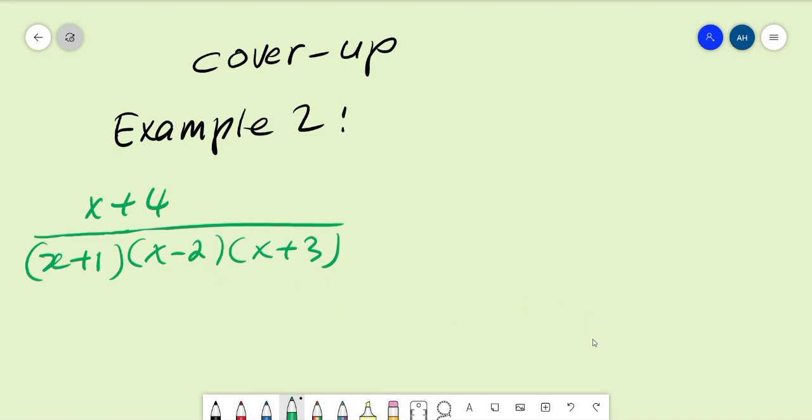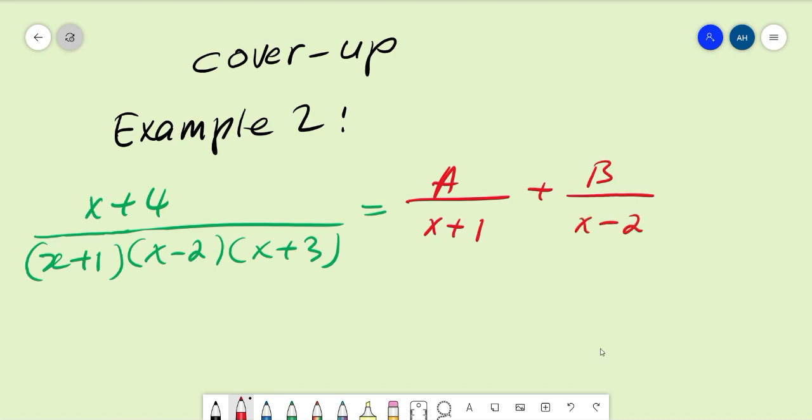So the right hand side we write is equal to a over the first factor, x plus 1, plus b over the second factor, x minus 2, plus c over the last factor, x plus 3.